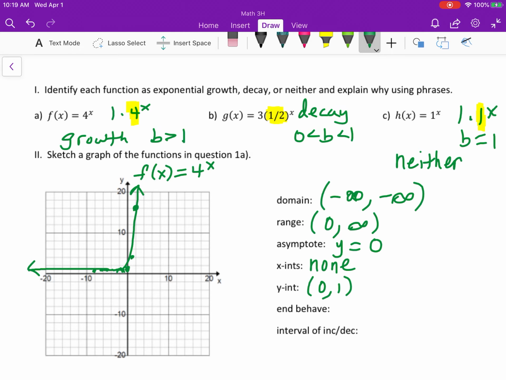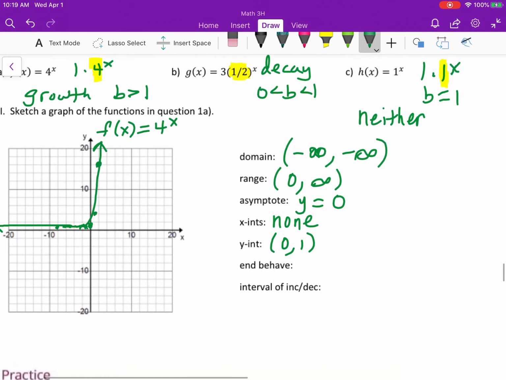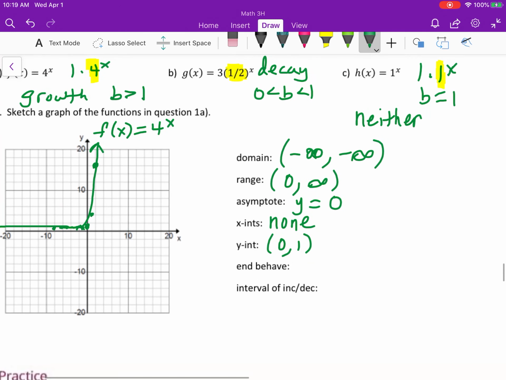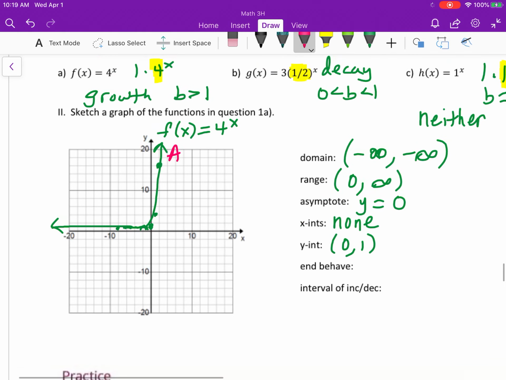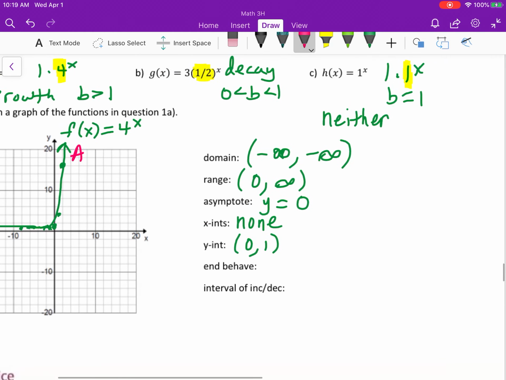End behavior, this is where you guys are struggling a bit, even from the last unit. If I look at the arrows, I'll label them. We'll call this A, and we'll call this B. I didn't really give myself much room to write here, so end behavior is down here, okay?